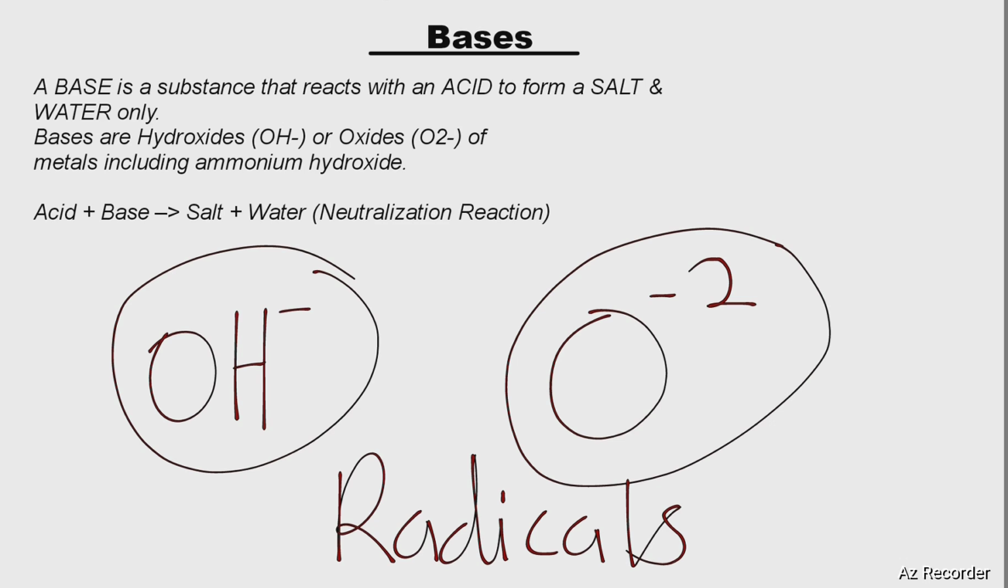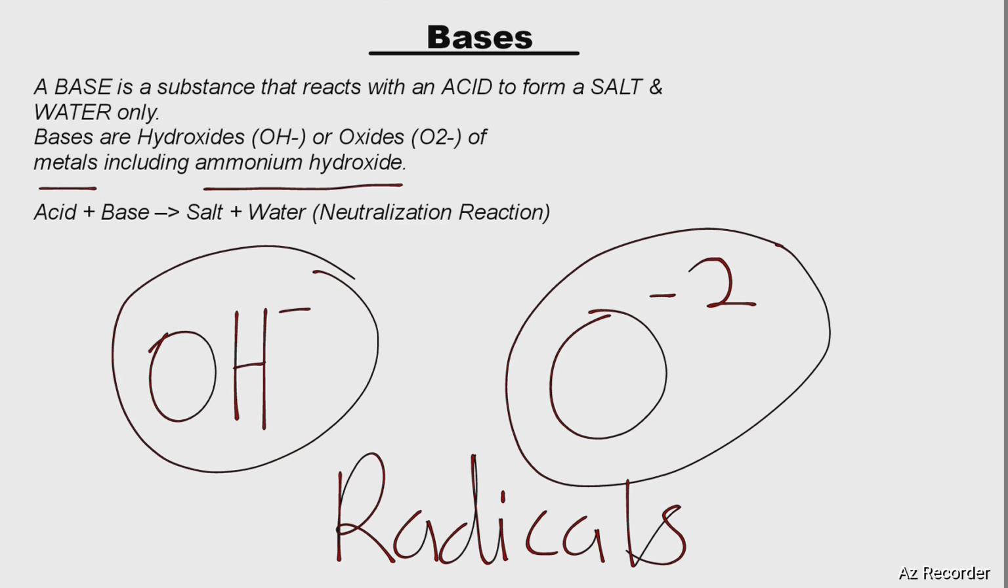When these two radicals combine with a metal, that is what actually makes what we call bases. So they are actually metal hydroxides or metal oxides, including ammonium hydroxide, which we are going to discuss, which is a special type of base.